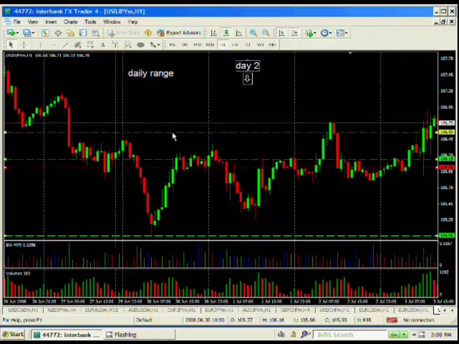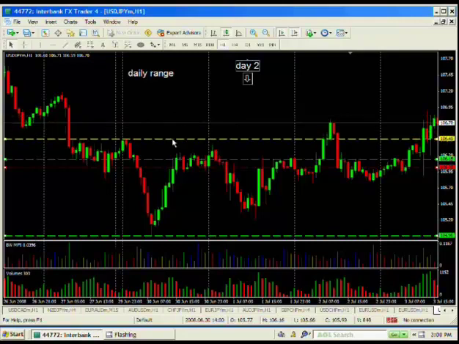And this line should be for the close. Okay, so we have our high, we have our low, we have our open, we have our close. And this is our day here. This is our current day. Okay, now we've established our daily range for day 2.